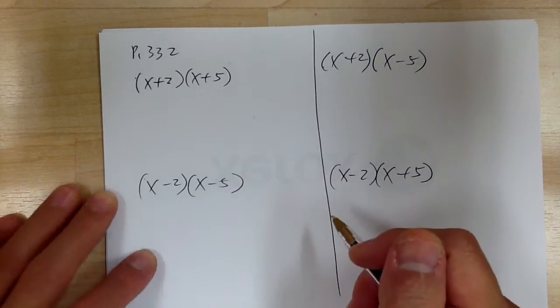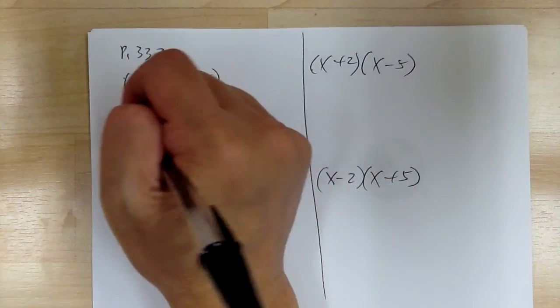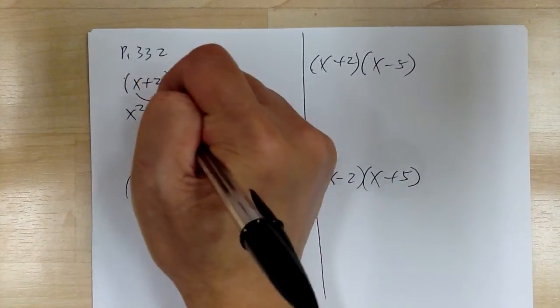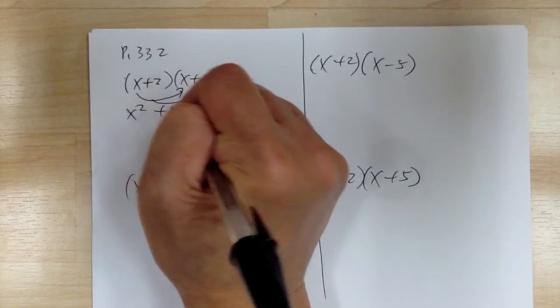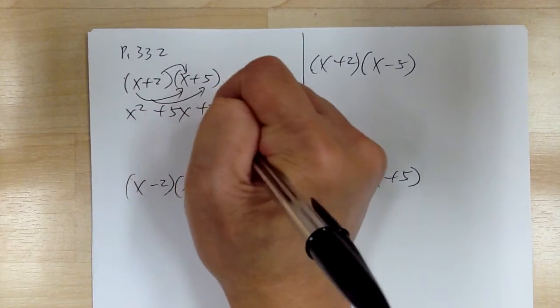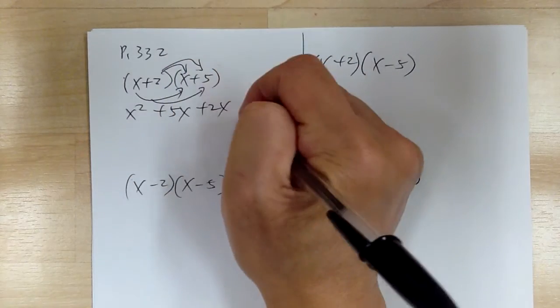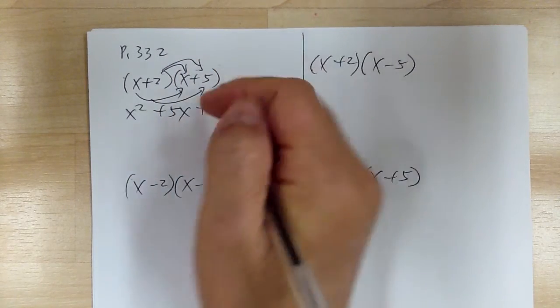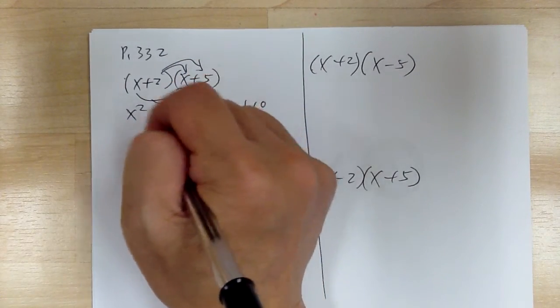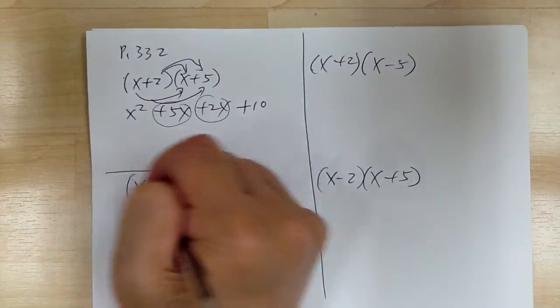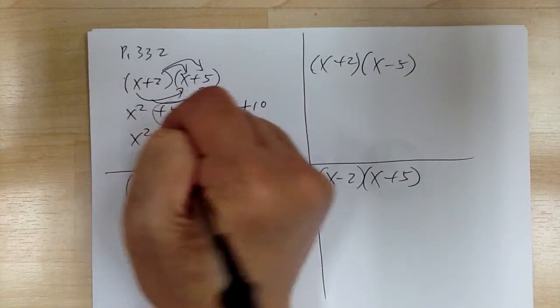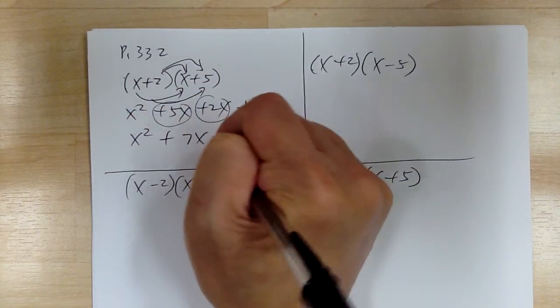When you're doing the FOIL method, you multiply: you get x squared, plus 5x, plus 2x, plus 10. When you combine the like terms, you get x squared plus 7x plus 10.